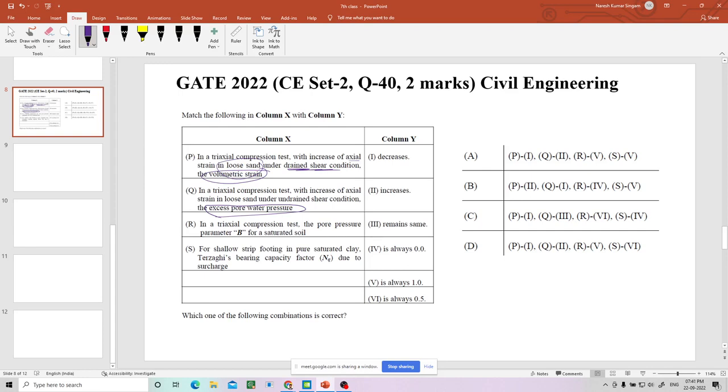And another one is in a triaxial compression test, the pore pressure parameter B for a saturated soil is what? And another one is for shallow strip footing in pure saturated clay, Terzaghi's bearing capacity factor Nq due to surcharge. Here they are asking the value of this.